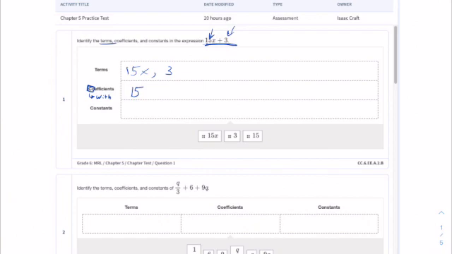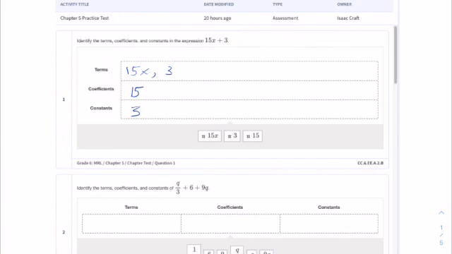And constants are numbers that stay the same. They don't have a variable with them. The word variable comes from the word vary, which means change, and so constant is the opposite of varying. So it's the one that doesn't have a variable. So that's 3. All right, so that's number 1.